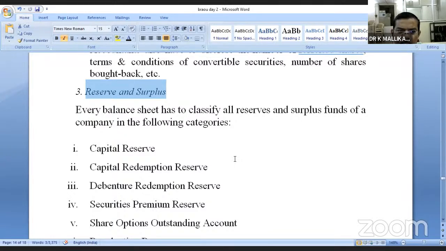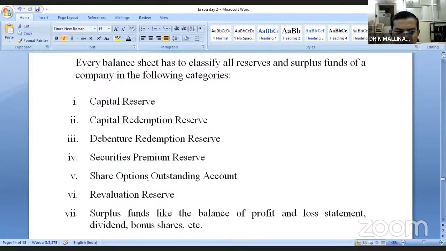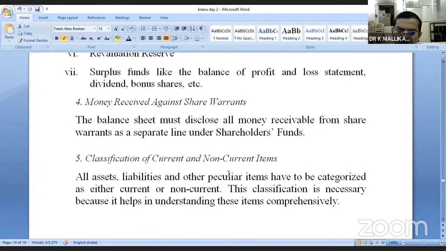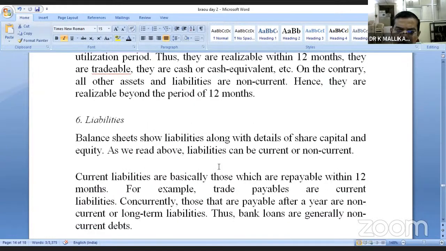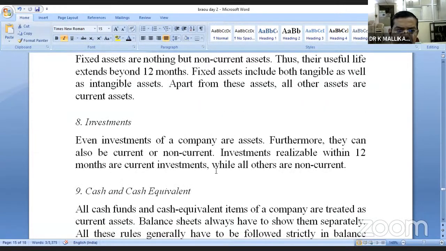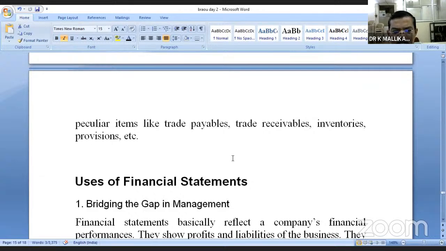Capital reserve, capital redemption reserve, debenture redemption reserve, securities premium reserve, share options outstanding account. Then the classification of current and non-current items: liability side, fixed assets, investments, and cash and cash equivalents. These are the items.